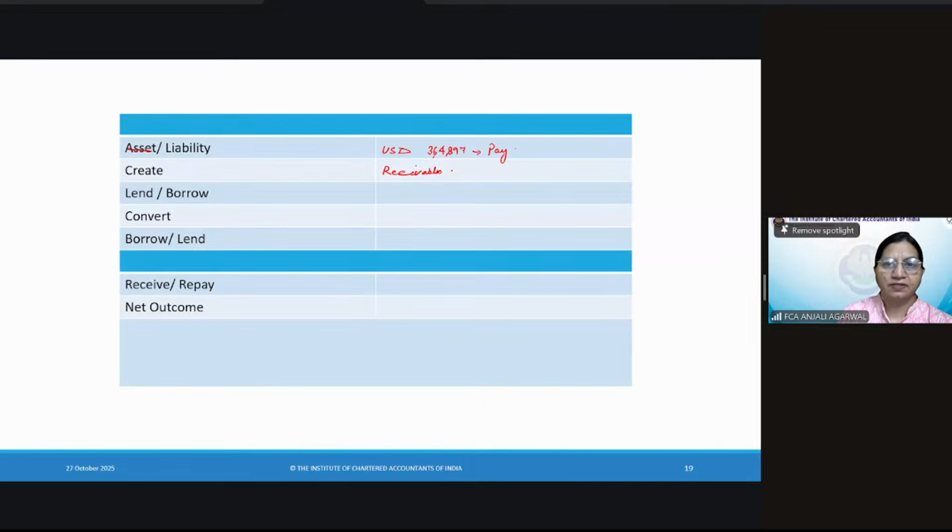So to create receivables, US dollar 3,64,897, I need to deposit in US.